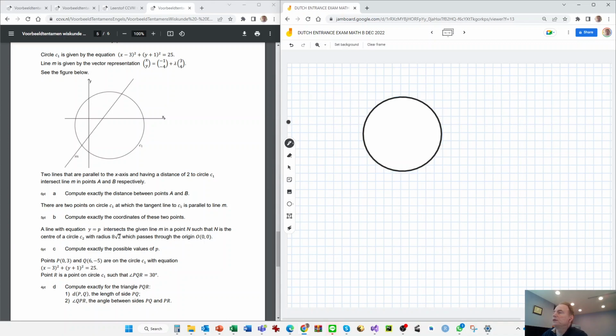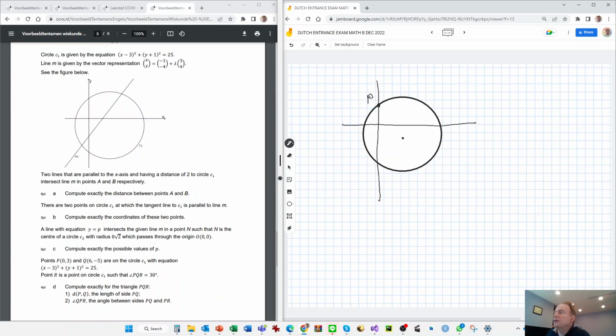Try roughly, never mind the curves in my lines here. Something like this. So P is 0, 3, so that must be here. And Q is 6, minus 5.